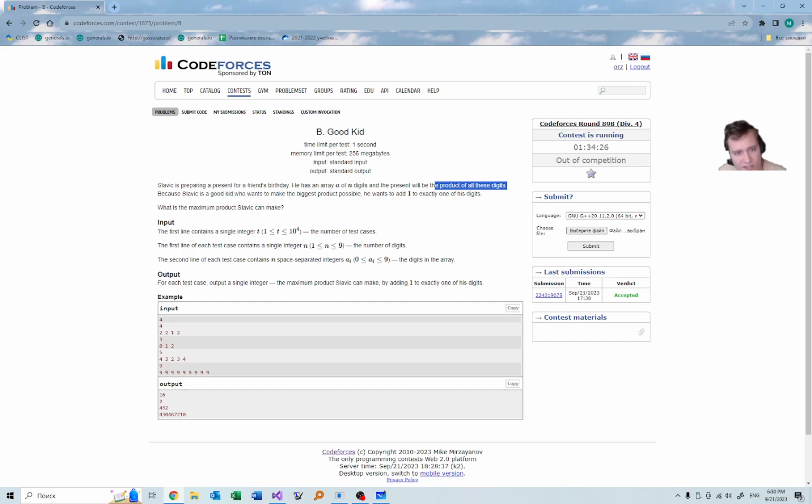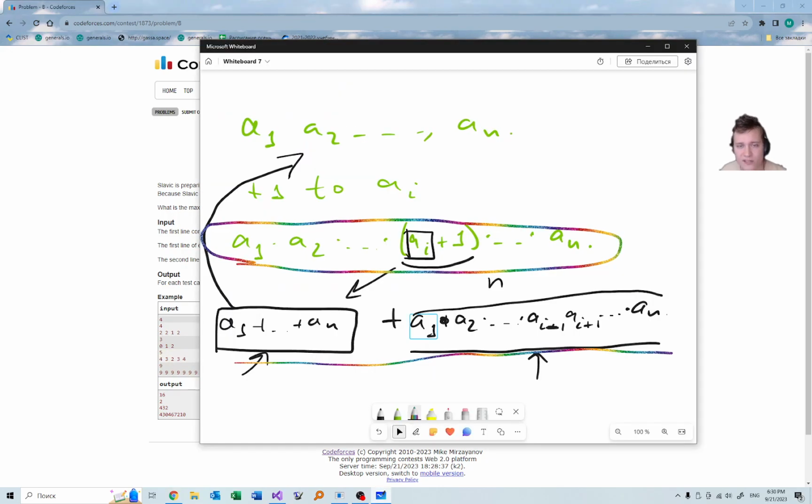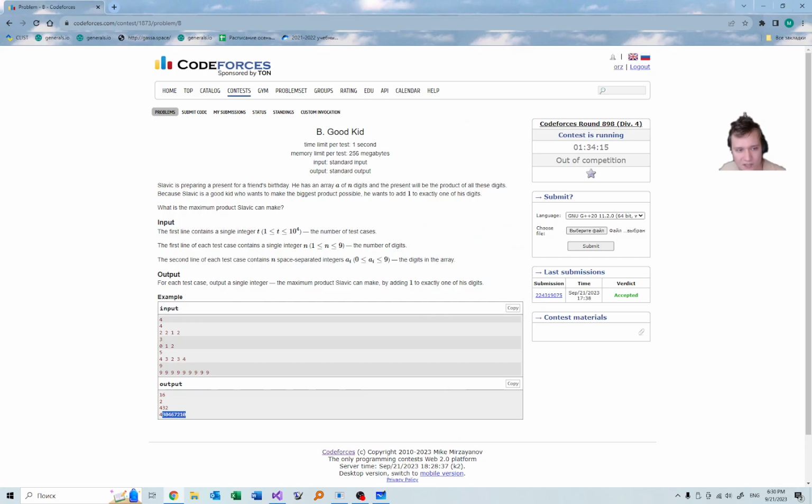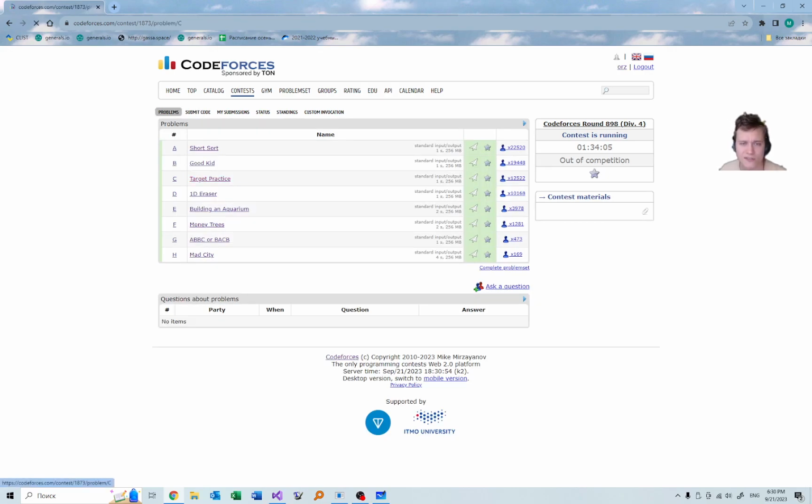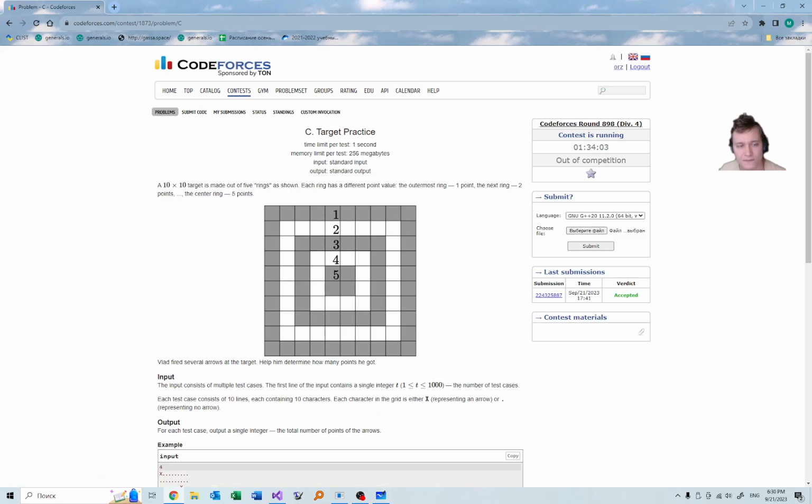As for constraints, the maximum answer is like 10 times 9 to the 10th, and as you can see, it is okay. It is within the bounds of int, so you can actually use int, but I used long just in case. Problem C.